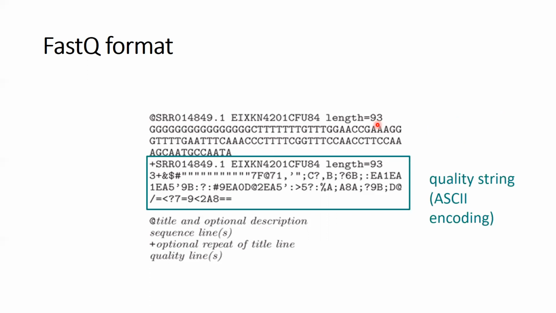And in the line below, there is a very important string of characters that allows us to know how confident we can be that each of the 93 nucleotides determined by the sequencer is correct. This is called the quality string and is encoded in ASCII.